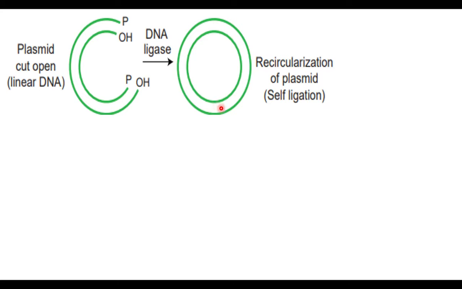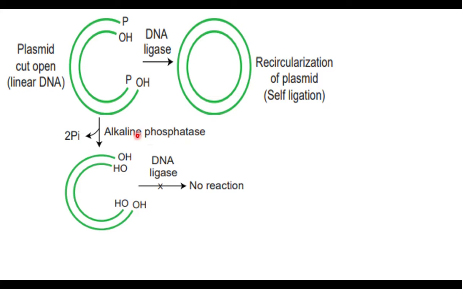Now let us see what is done by alkaline phosphatase. The alkaline phosphatase removes the phosphate so that DNA ligase activity is avoided.